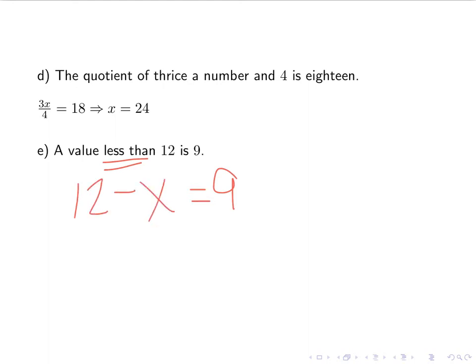A value less than 12. 6 less than 12 is 12 minus 6. 10 less than 12 is 2, because I'm taking 12 and subtracting that value. So again, it's 12 minus x. And then if I want to get x by itself, I should hopefully be getting 3. All right, 12 minus 3 is 9.